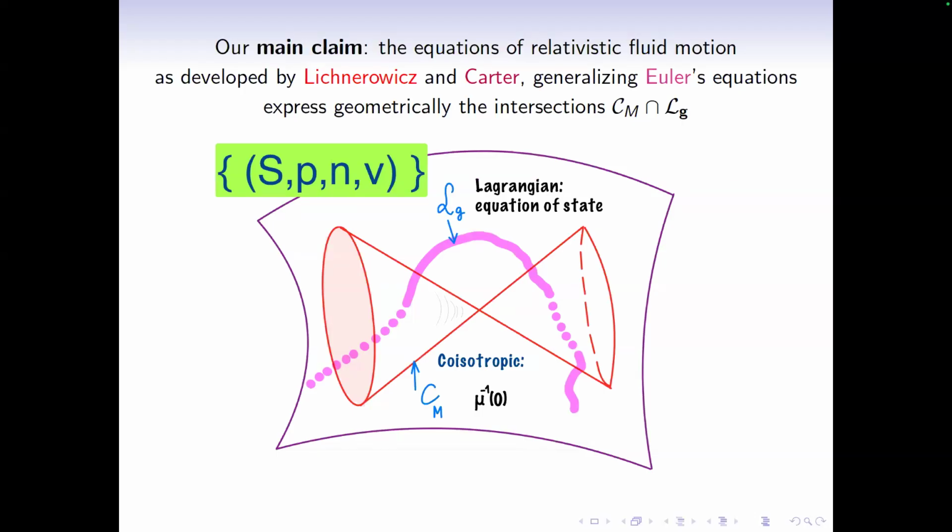So the main claim again is that we have two subvarieties, one I just described, and another one will be Lagrangian, which we'll describe now. The intersection of these two subvarieties gives the equations of relativistic hydrodynamics. This vector field V is a space-time vector field, so it has components both along the time direction and the space direction.